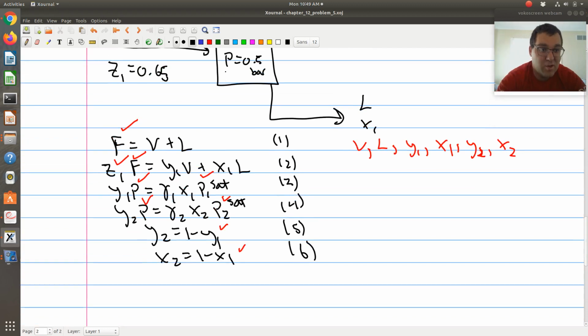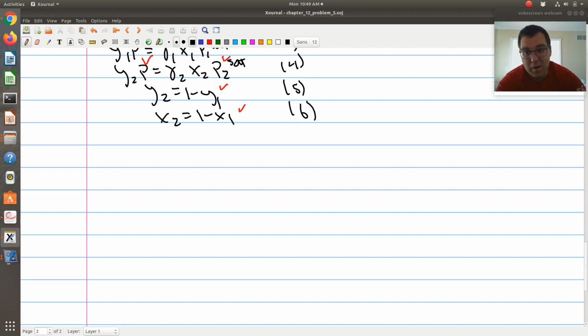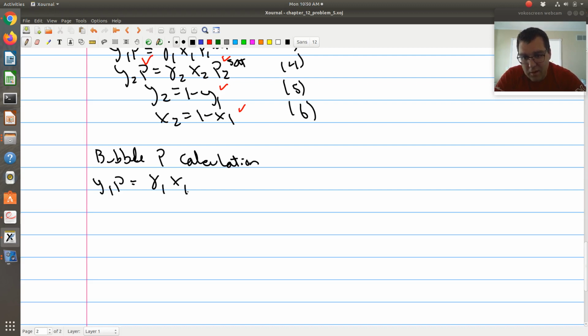Remember, what you need to do is you have a system of 6 equations with 6 unknowns that you could solve. But if you want to think about these things systematically, I might start, since this is just a binary system, with the bubble P calculation. What I mean by that is if I write down my isofugacity equation, Y1P is gamma 1 x1 P1 sat, Y2P is equal to gamma 2 x2 P2 sat.